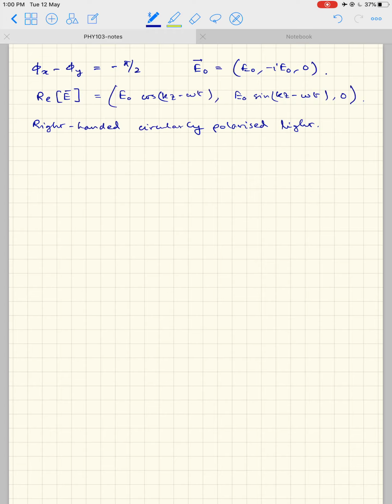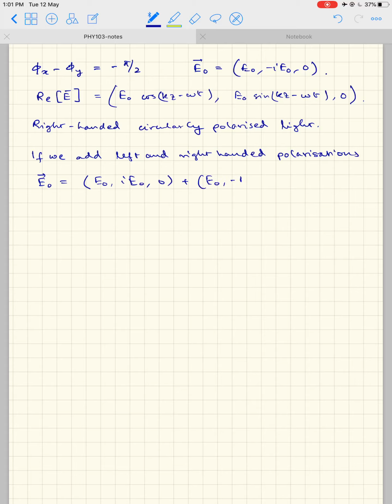Notice if we add left and right-handed polarizations, we start off with E naught, i E naught, 0 plus E naught, minus i E naught, 0, which is twice E naught, 0, 0.